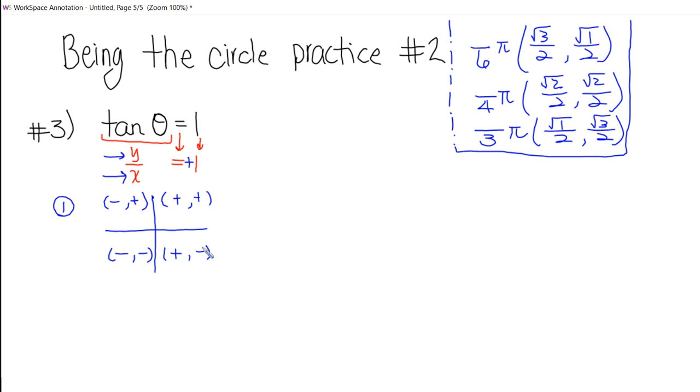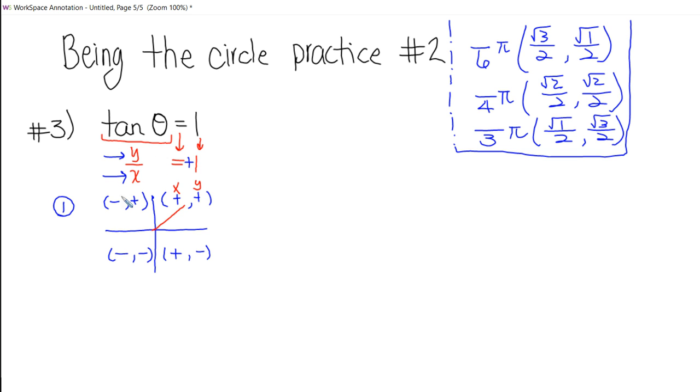If I imagine this as a fraction, y and x, positive over positive gives a positive number, so that quadrant checks out. Positive over negative gives negative, so that's not it. Negative over negative gives you a positive number. Likewise, the fourth quadrant wouldn't be our choice because negative over positive gives us a negative answer when we need a positive answer. So we got that figured out.